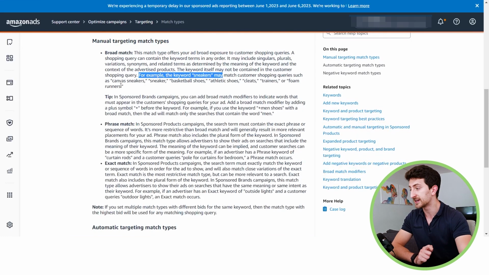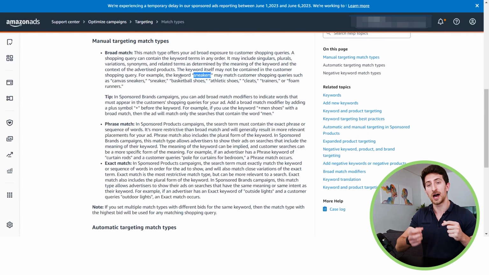So as you can see, for a keyword like athletic shoes, nothing is related to the keyword sneakers. And this is huge. So it means that our keyword and our search term are not related at all. So this will be even more difficult to manage in terms of search term analysis and so on.